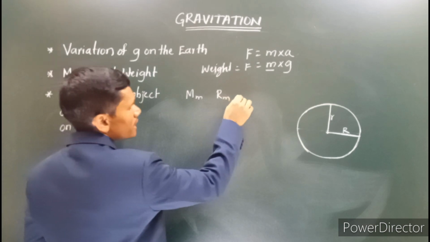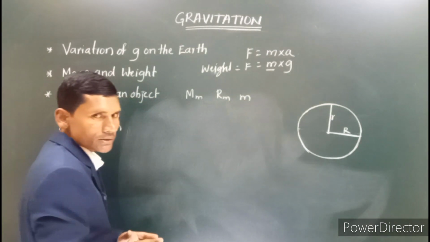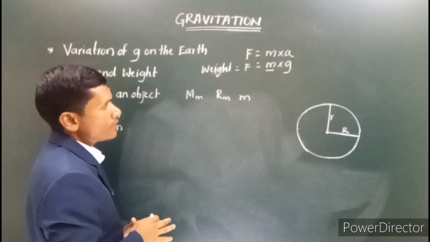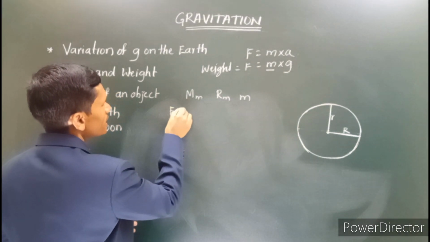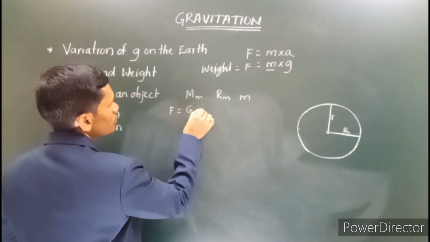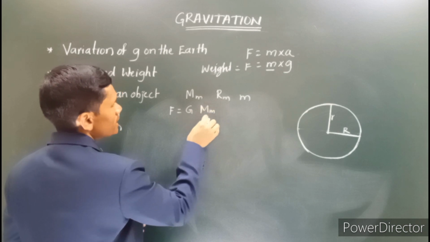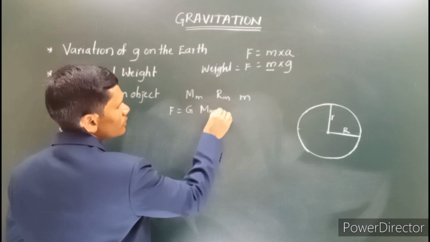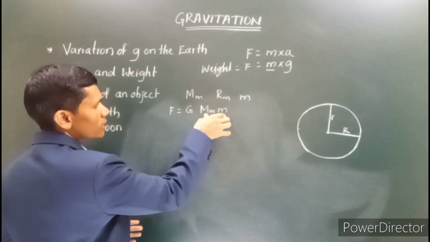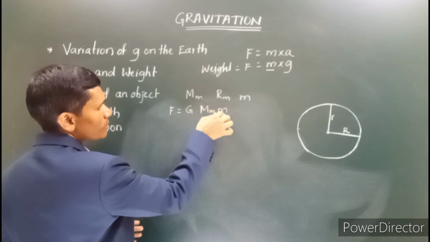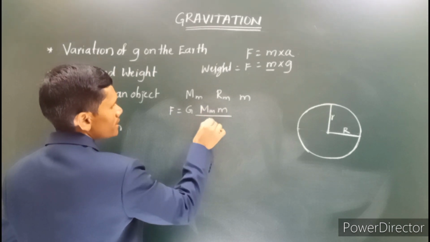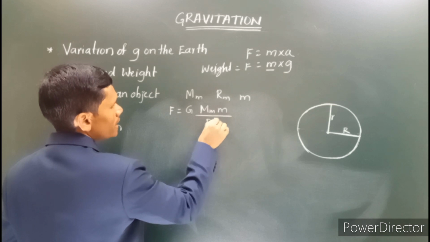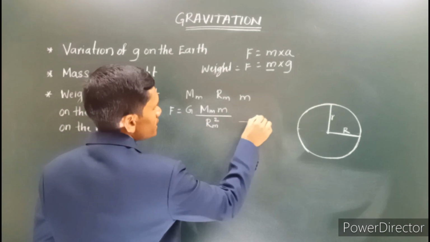If any object of mass m is on the moon, the force acting on that object can be written as F is equal to G into M, the mass of the moon, into m, the mass of the object, that is the product of the masses of the two objects, divided by the square of the distance, that is the radius of the moon. Let us call this equation 1.